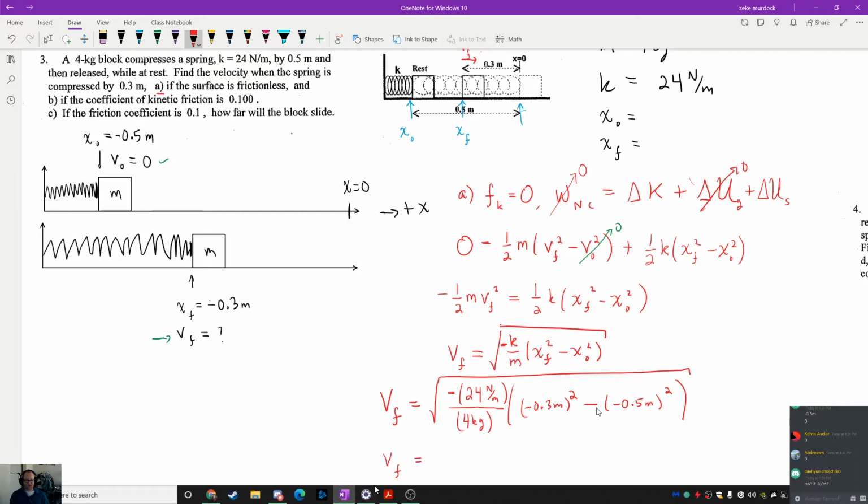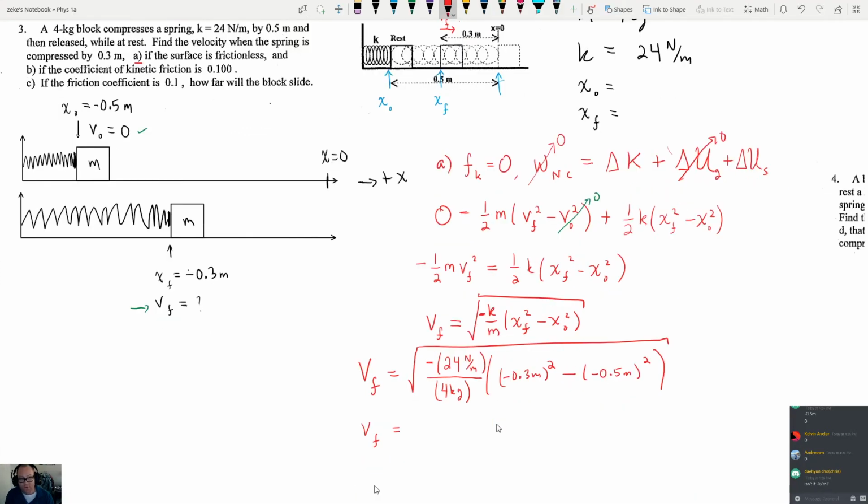And perhaps you all can calculate this. Let's see. So this is going to be 0.4 squared, which is 0.16. 24 over 4 is 6. 6 times 16 is 256. But it's going to be 2.56. No, it's going to be 0.256. What's the square root of 256? I don't know. It's going to be something like 0.5.